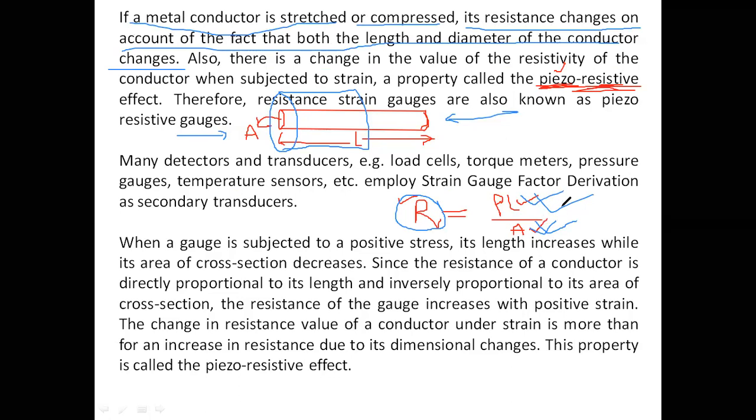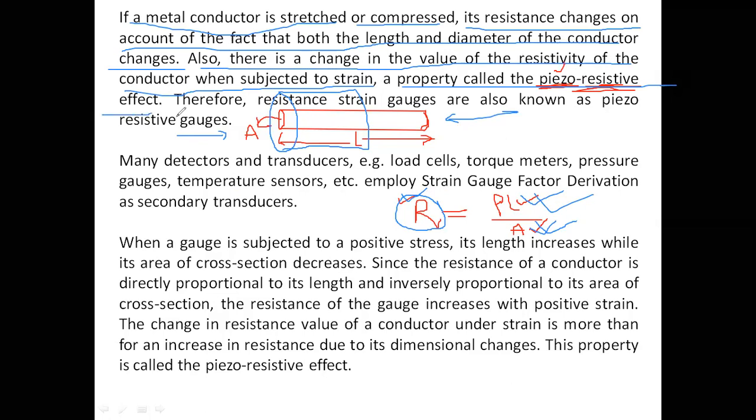Since length and diameter are varying here, resistance will change. Also, there is a change in the value of resistivity of the conductor when it is subjected to strain. This property is called the piezoresistive effect.